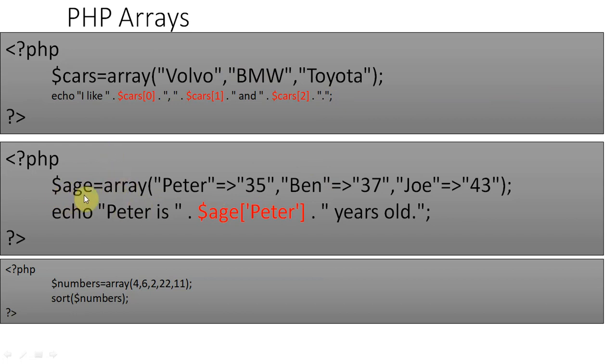Age is an array. You can see here age equals to array, so it means age is an array. Here this is some different type of array. Basically an array will always start with the subscript 0, 1, 2. Suppose we have to change the subscript. In this case you can see the subscript is Peter.